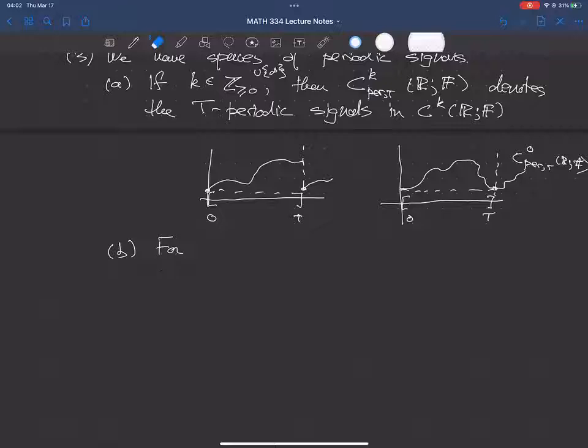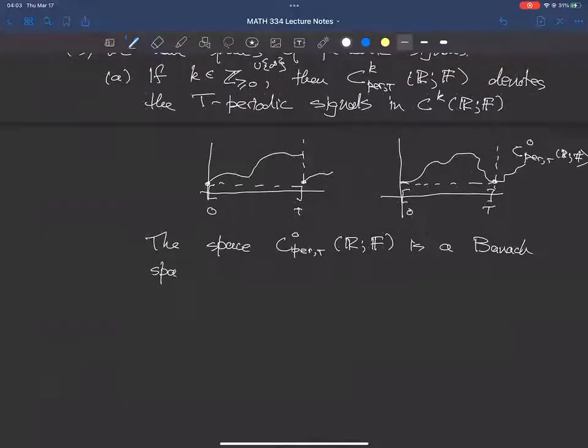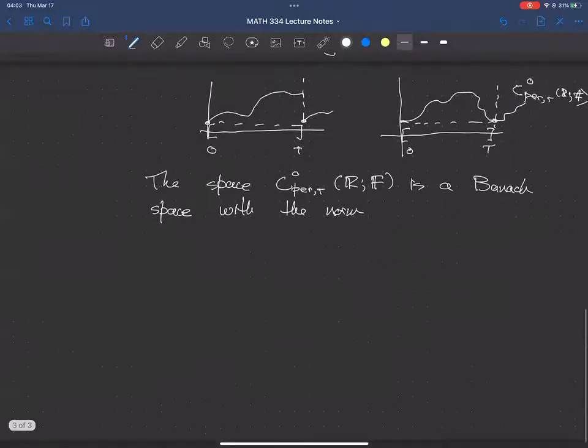So maybe let me say here, we've been talking about spaces of signals with norms, and so the space C0 per T is a Banach space with the norm, and of course it's the usual norm that you use for things that are continuous.